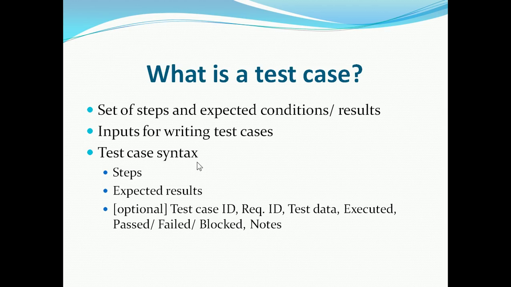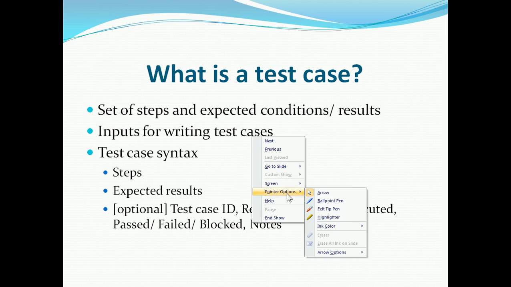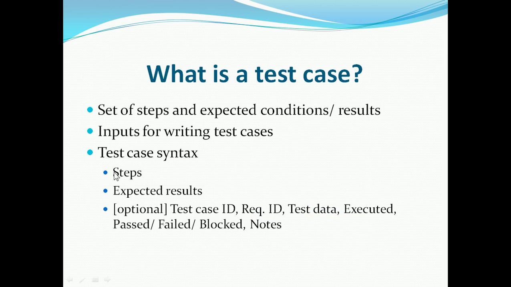Many a time the test case format is very simple. So all you have is the steps, and the expected results. Now there is a relationship between the steps and the expected result. So after every step, next to every step, you can put 0, 1, or many expected results, that means no expected result, a single expected result, or you can even put multiple expected results.